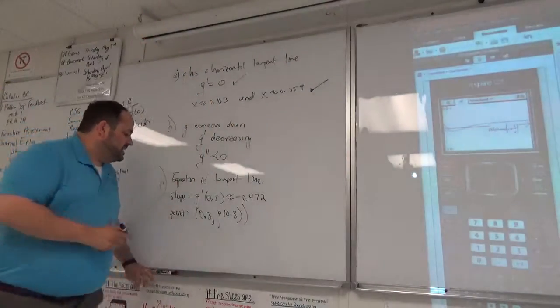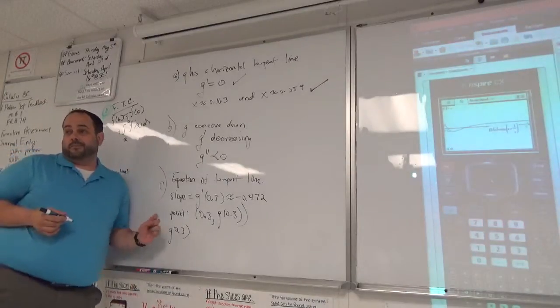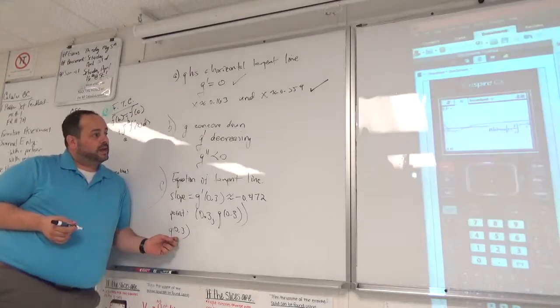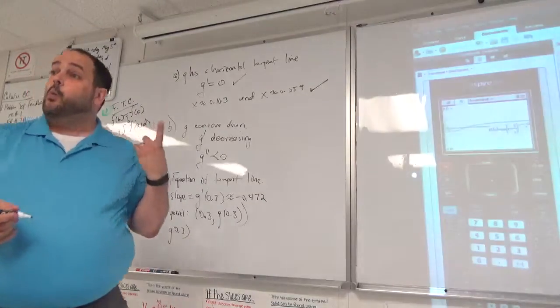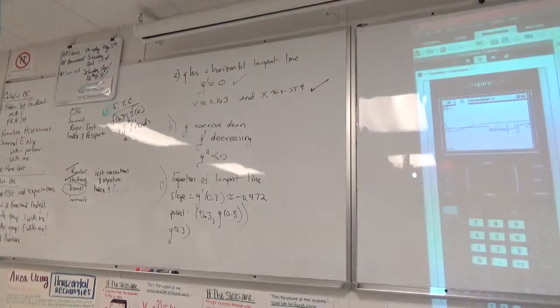The big question is, where am I going to get G of 0.3 from? Fundamental theorem of calculus. If I need G of 0.3, and all I know is G at one other point, I know G at one point, I need G at another point.